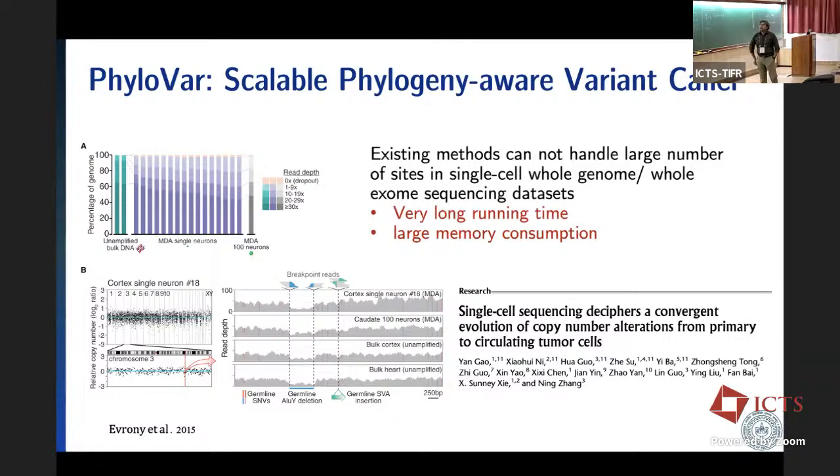With that in mind, what we observed is that the existing methods cannot handle a very large number of sites. Whether it's single cell whole genome sequencing data or whole exome sequencing data, either they would run into the problem of very long running time, so methods can run for 4 days, 5 days, and still no good result, okay?